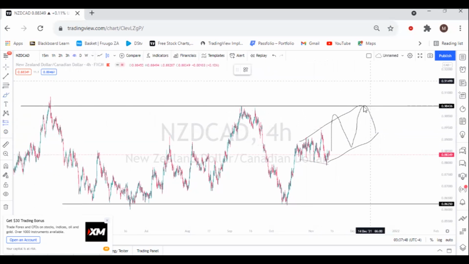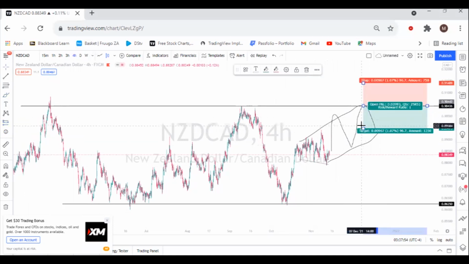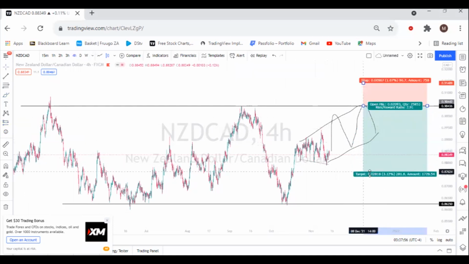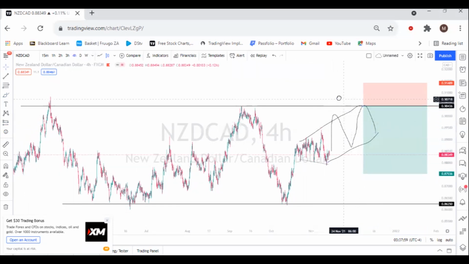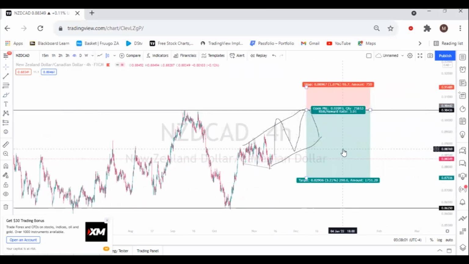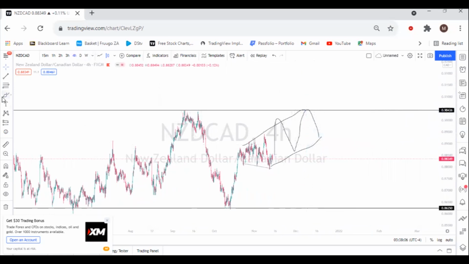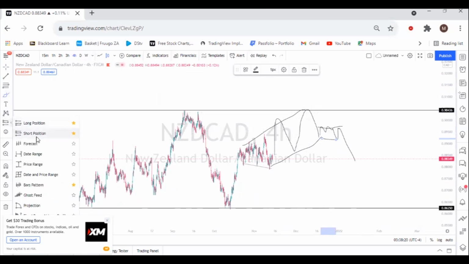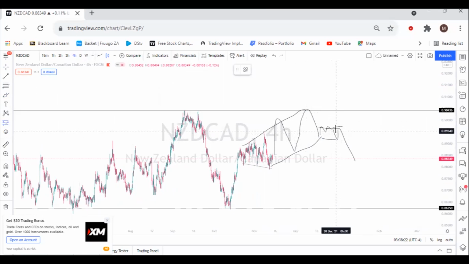If we do enter at this point, this will be a very risky entry, but then we can always wait for the impulse and then the correction for us to enter to have the safe entry. So we can have something like this, and then we sell off from this point.